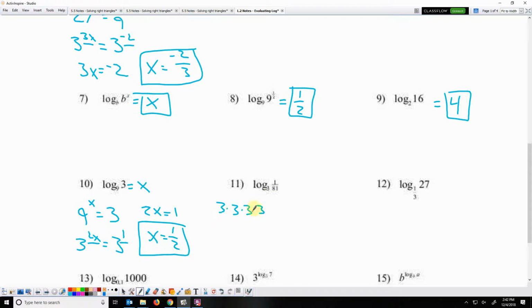So 3 to the 4th power makes 81, which means 3 to the negative 4th power makes 1 over 81. 1/3 to what power makes 27? So let's pretend that's not a fraction for now and just do 3 to what power makes 27? 3 times 3 is 9, times 3 is 27. So 3 to the 3rd makes 27. So 1/3 to the negative 3rd makes 27.